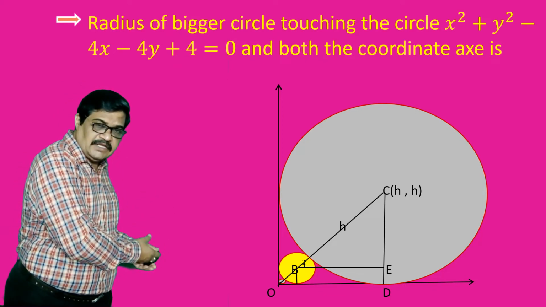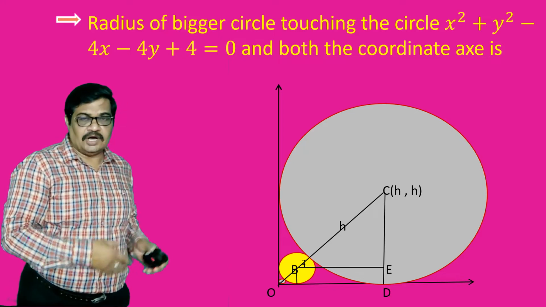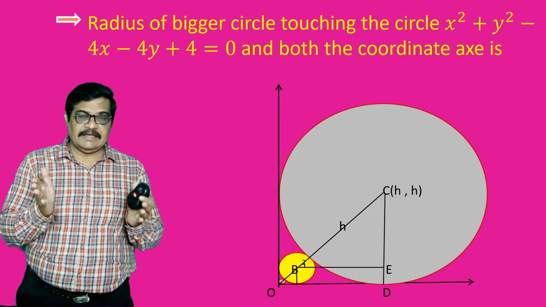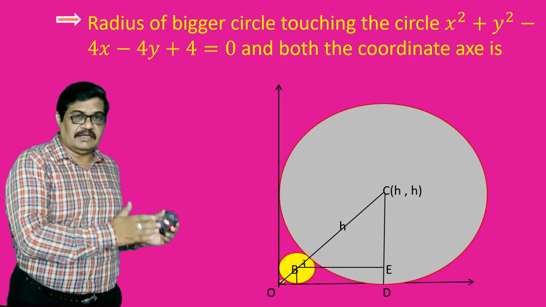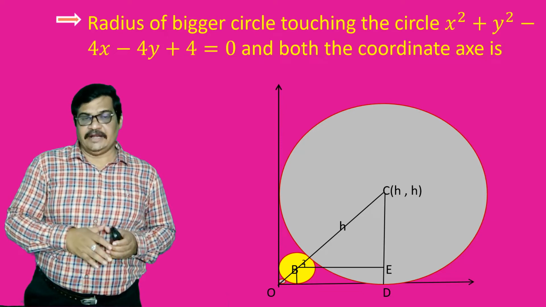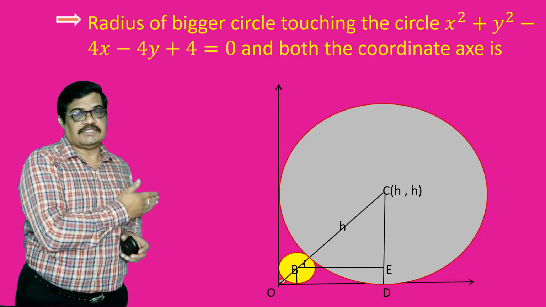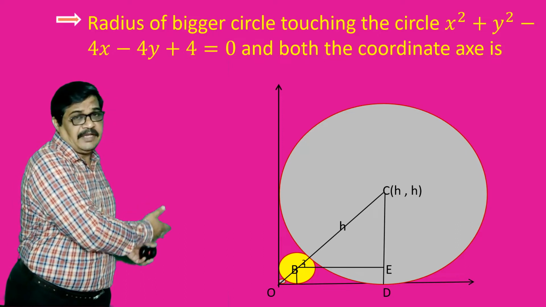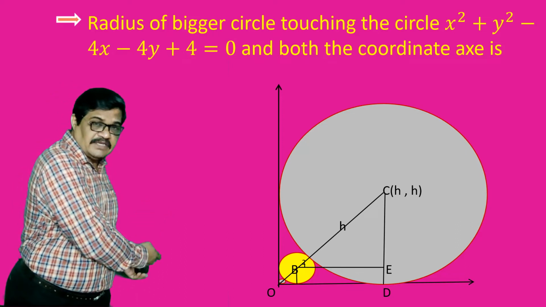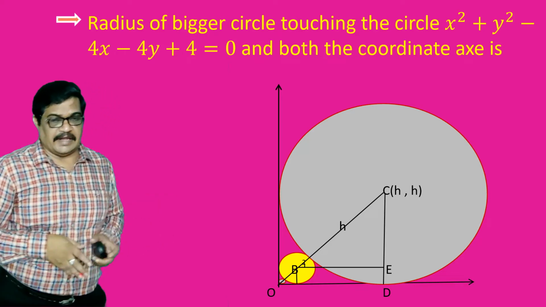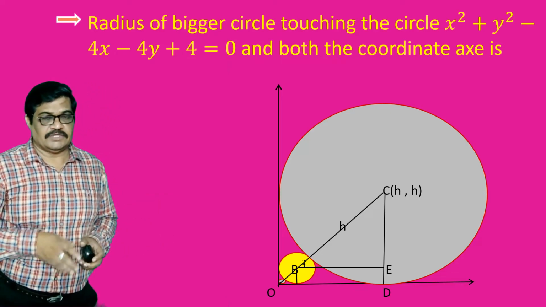The small circle is the given circle. Now we have to find the bigger circle that touches the given circle and also both the coordinate axes. So this diagram presents the bigger circle touching the given circle and also touching both the coordinate axes. Okay, see the solution.